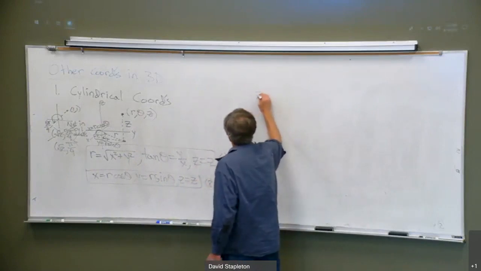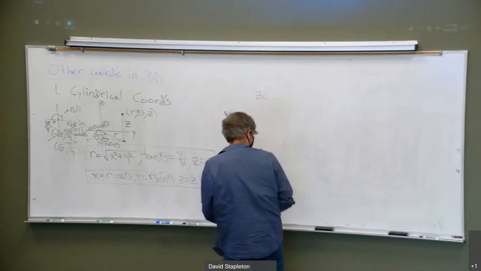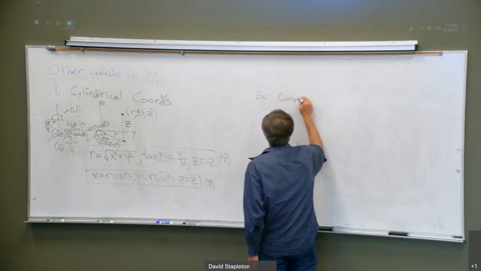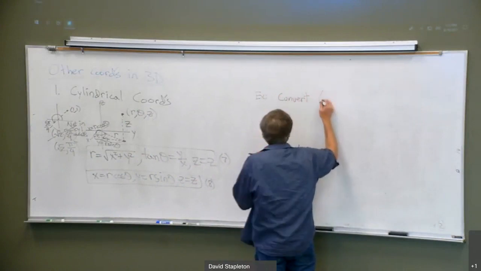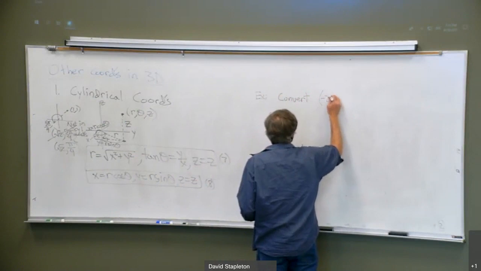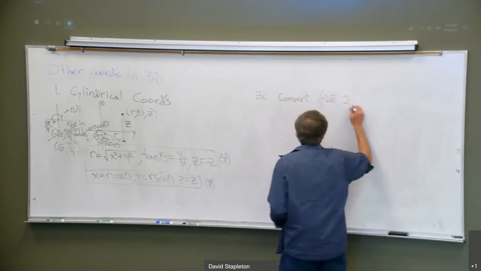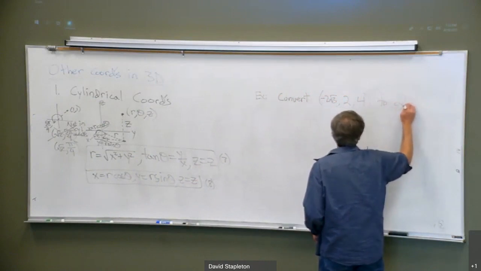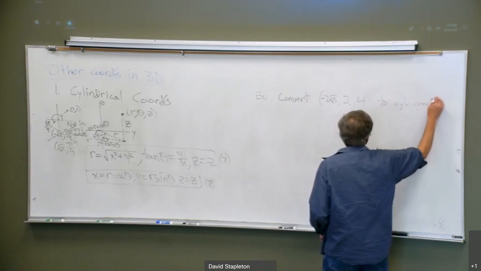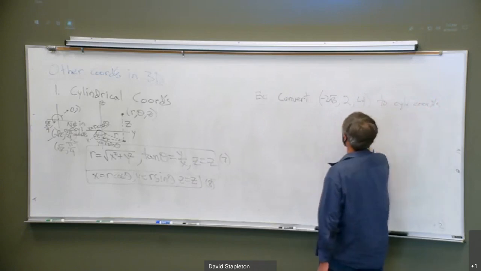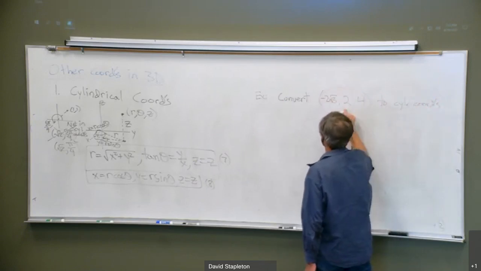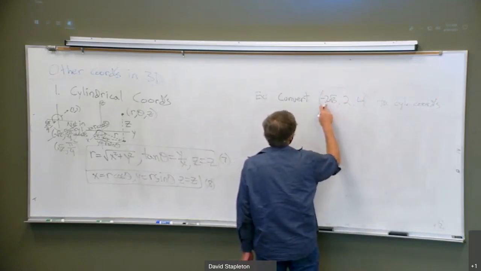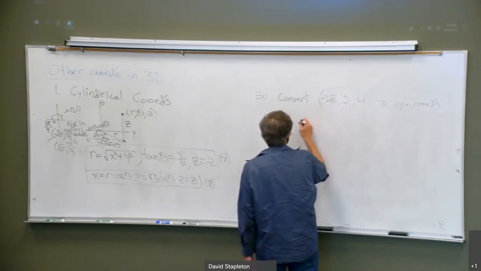Example. Let's convert the point in 3 dimensions, minus 2 square root 3, 2, 4, to cylindrical coordinates, if these are rectangular. What do we do? Easiest is because we already did polar coordinates. This is r and theta, and this is x and y, which we can use to find r and theta.